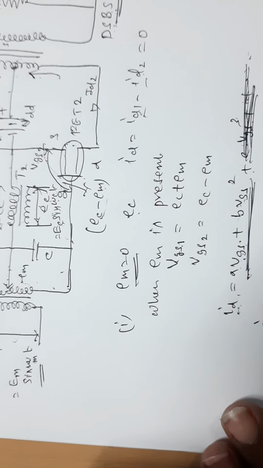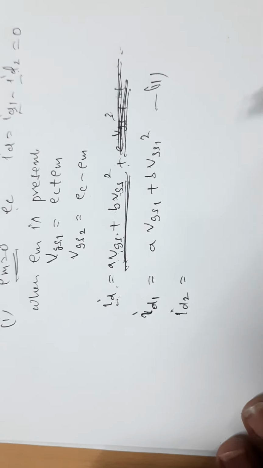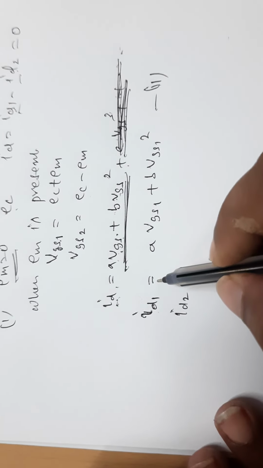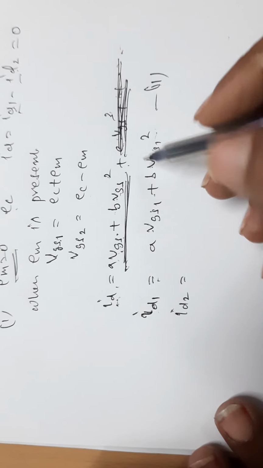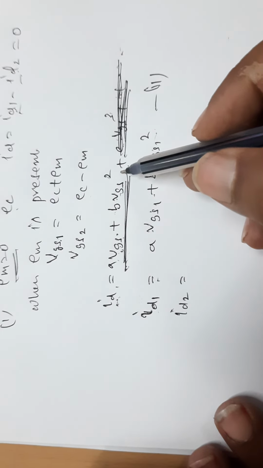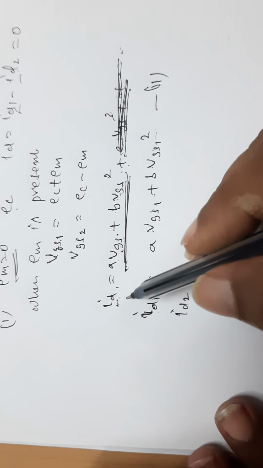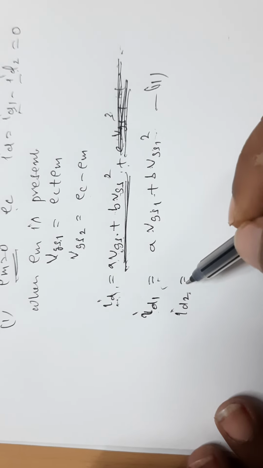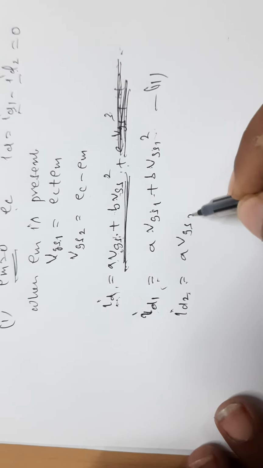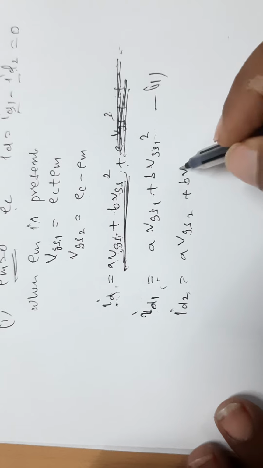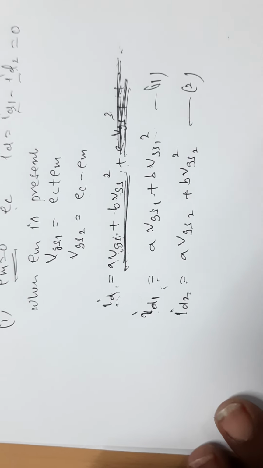VGS1 is the voltage, ID1 is the current. For the second FET, the current is ID2 and the voltage is VGS2. Therefore, it is A VGS2 plus B VGS2 squared, equation 2.